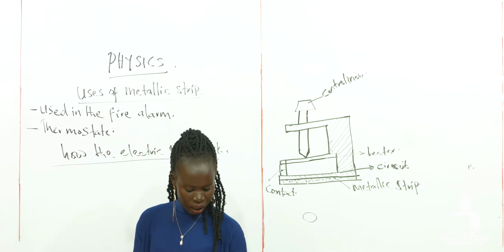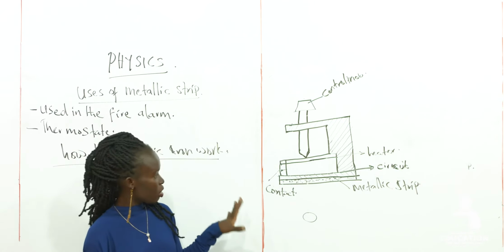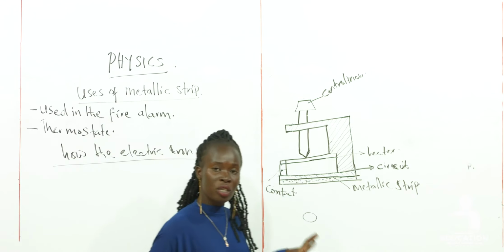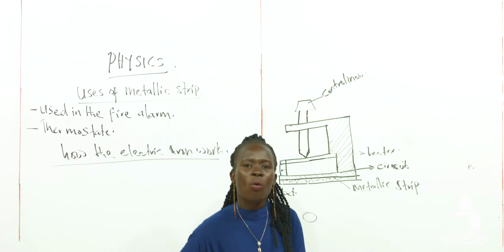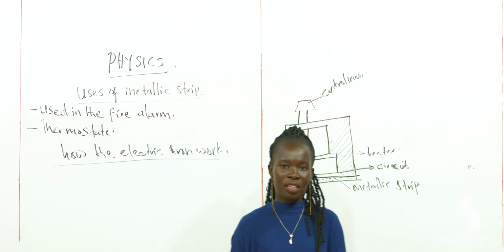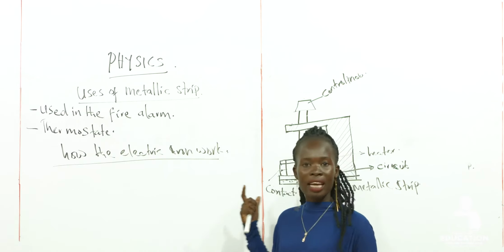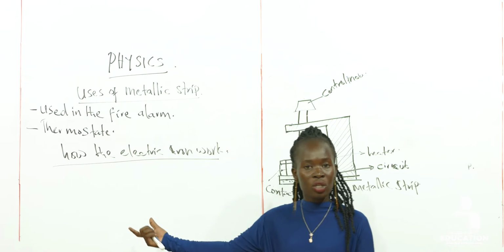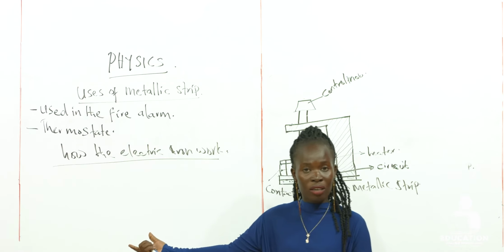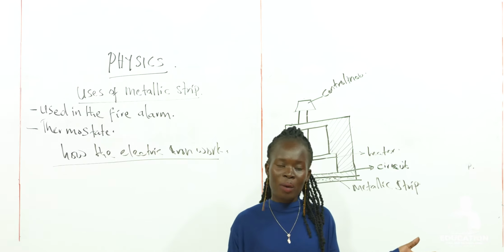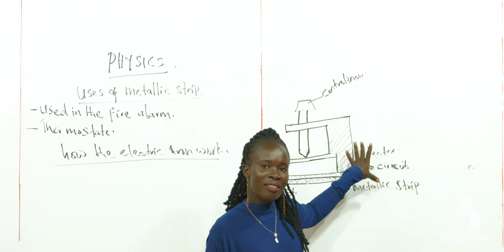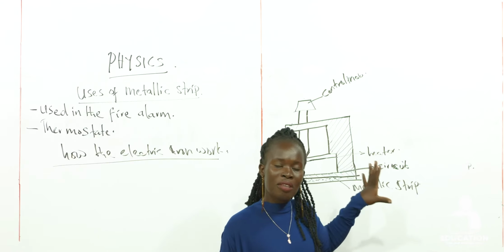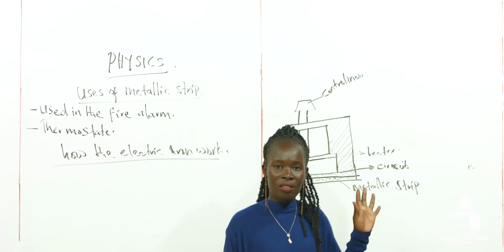So now, if we know the uses of this metallic strip, since we are talking about expansion in solids, what could be the disadvantages? Because what you're seeing here is more of the advantages of thermal expansion in solids. You see that when it expands, there is adjustment in the temperature. It keeps the temperature of the appliance constant.